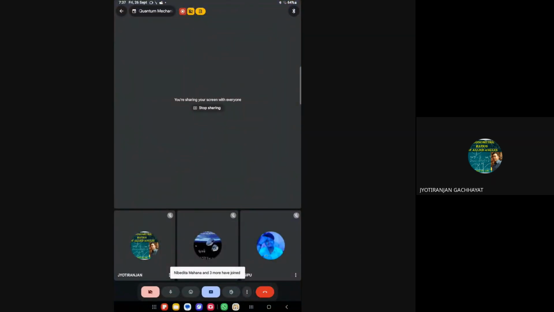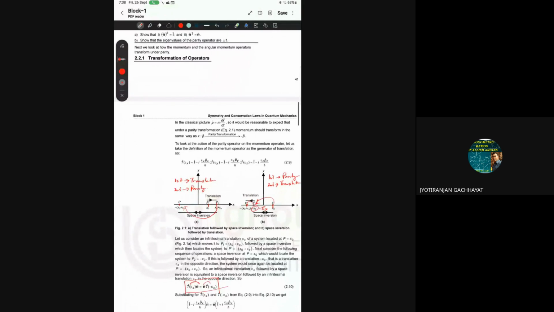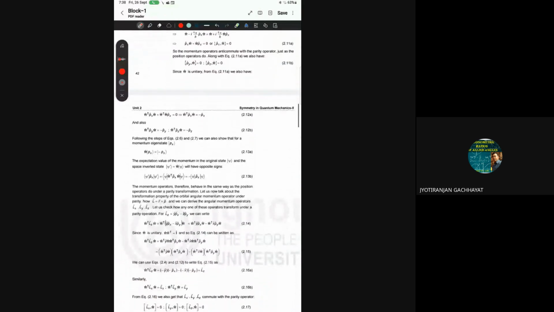Am I audible? So I suggest all of you go again through this part of the mathematics, the transformation operators, page number 42 and 43.